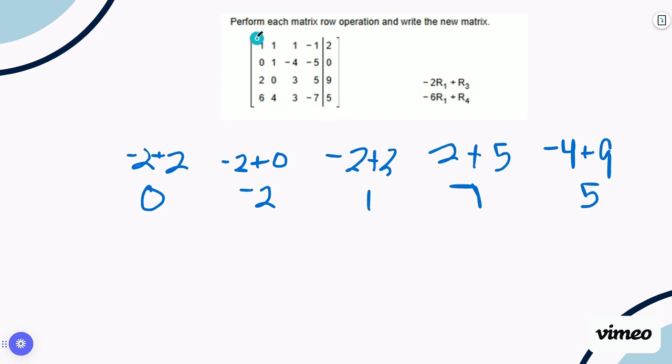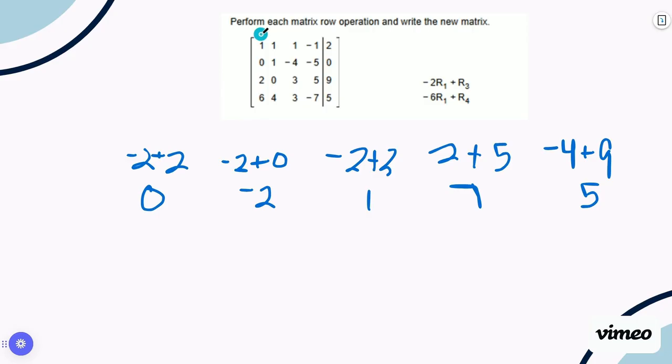We're going to do more of this as we go along, but this is just the beginning of doing that. Trying to figure out, how can I get a 0 here? How can I get a 0 here? In order to get a 0 here, I need the inverse of 6. So I can multiply 1 by -6 to get -6, which is the inverse of 6, which would then get me 0. So -6 times row 1.